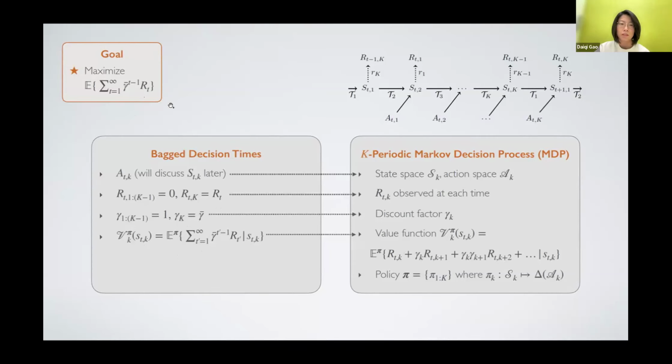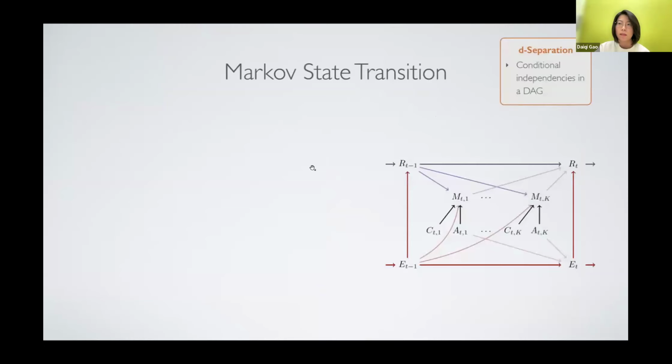Now let's discuss how to construct the states in this problem. Note that to fit into the framework of a periodic MDP, the state transition needs to be Markovian. And this will be achieved by reading the conditional independencies from a DAG.